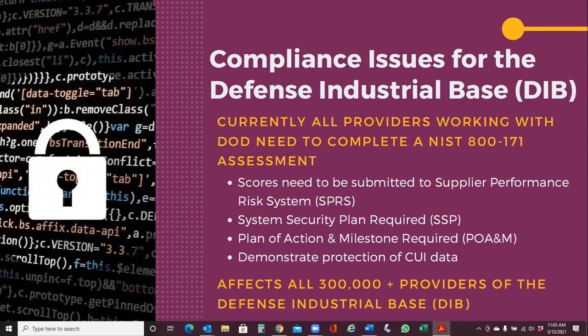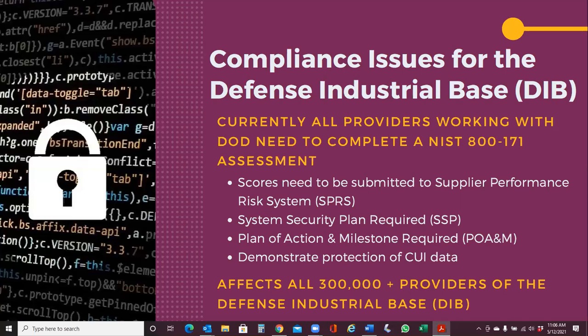Again, a lot of us are aware of the issues related to compliance with the DoD and requirements for anyone that's in the Defense Industrial Base who are providers in that base. Currently, if you are working on a new contract or an existing contract that's being modified, you're required to not only complete a NIST assessment, but submit your scores on that assessment to the SPRS, the Supplier Performance Risk System.